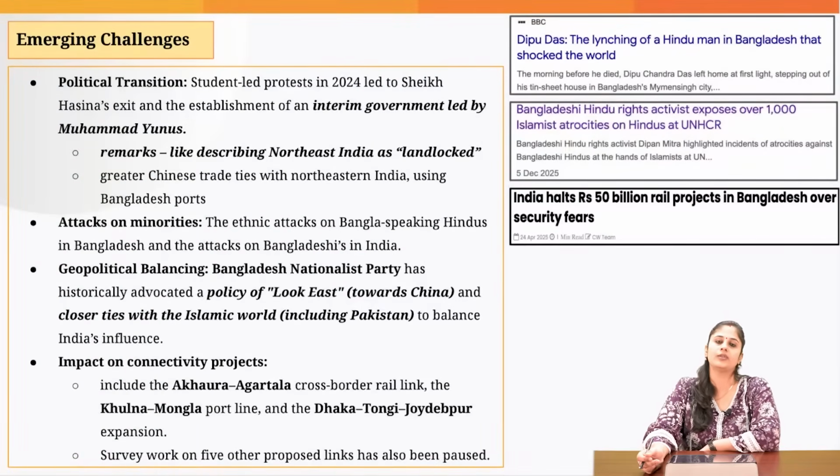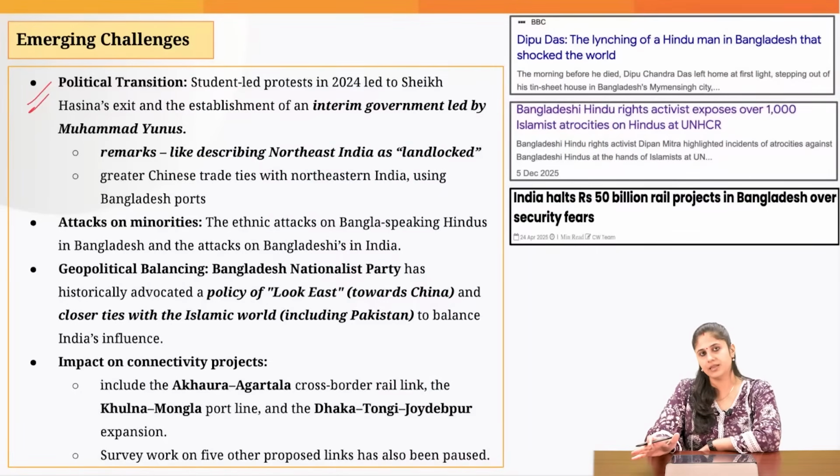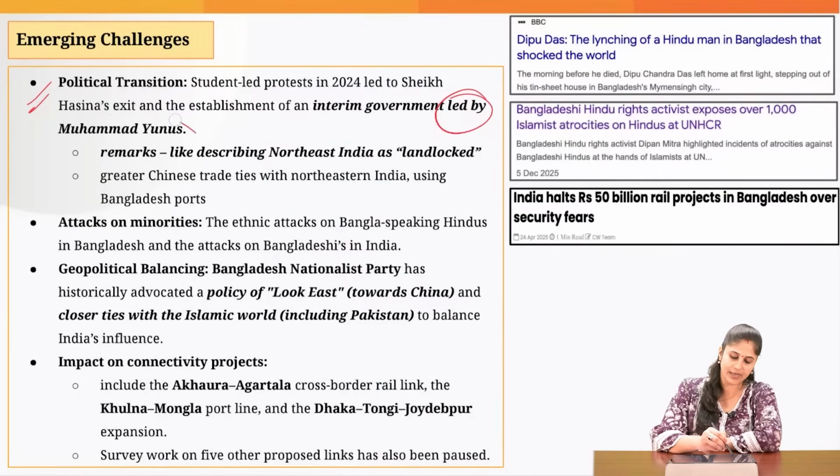Now, the second thing that you need to understand is how the relation between India and Bangladesh has taken a flip. Okay, especially after the ouster of Sheikh Hasina and after the BNP party has come into power in Bangladesh. So, after the ouster of Sheikh Hasina, which was considered the golden chapter of the India-Bangladesh relationship, there have been tensions, especially when the interim government, headed by Muhammad Yunus, made a very controversial statement about India's northeastern region.